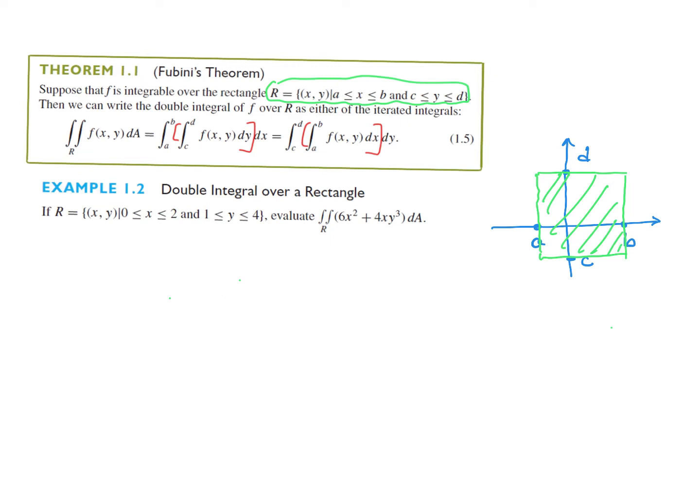So here is an example. R is the rectangle where x is between 0 and 2 and y is between 1 and 4.